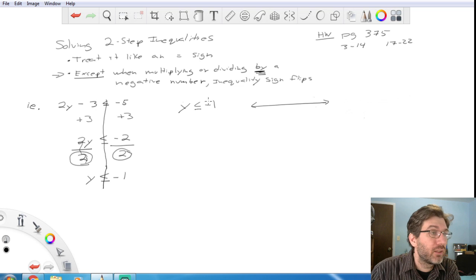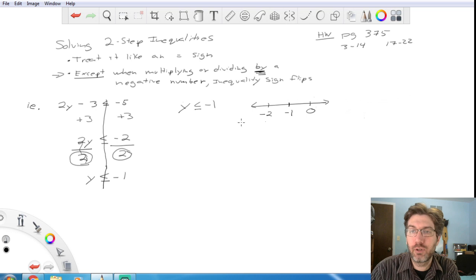And we need negative 1. I'm going to stick it in the middle of my number line because that's the value I'm concerned with. And we have a number on this side, which would be negative 2, and a number on this side, which would be 0. So you see my little section of the number line here. I'm concerned about negative 1.